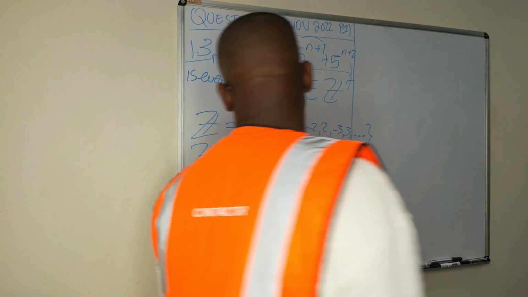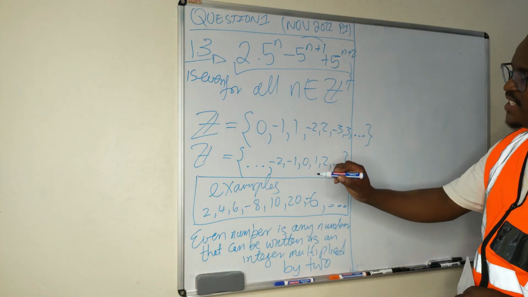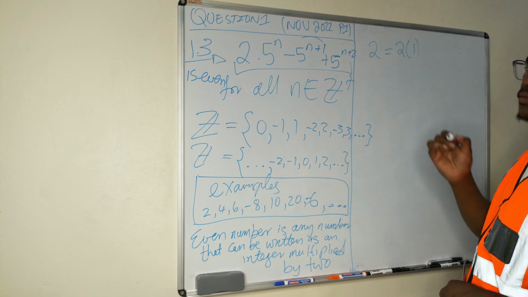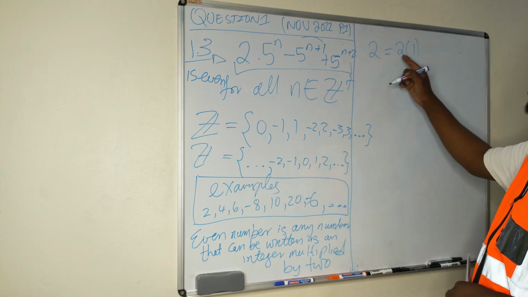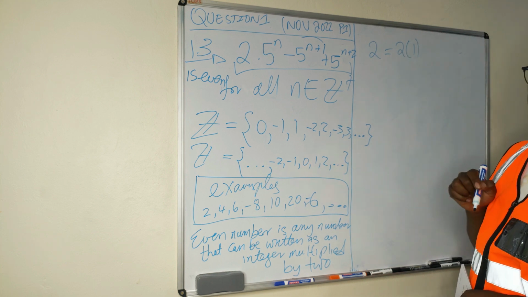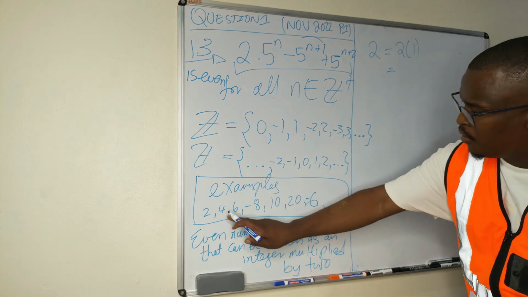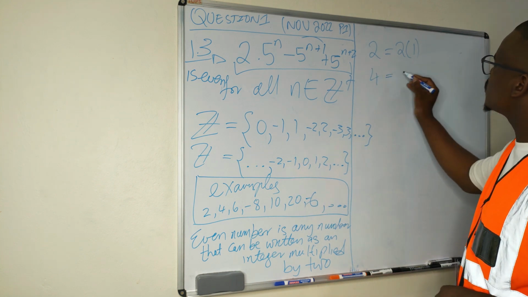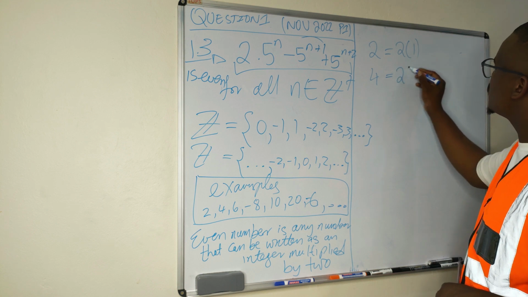Look at 2, for example. 2 is even because 2 is equal to 2 times 1, which means 2 can be expressed as an integer times 2. 4 is also even because it can be written as 2 times 2.